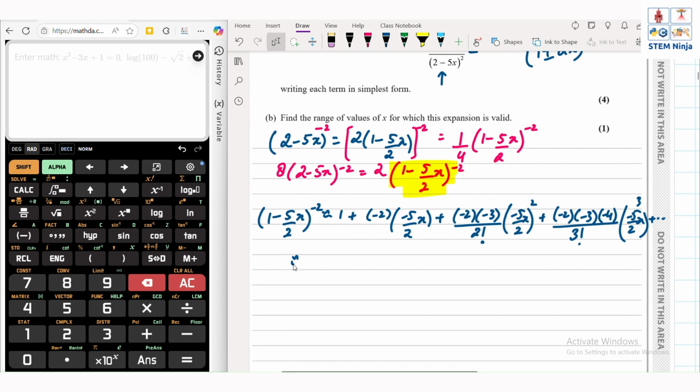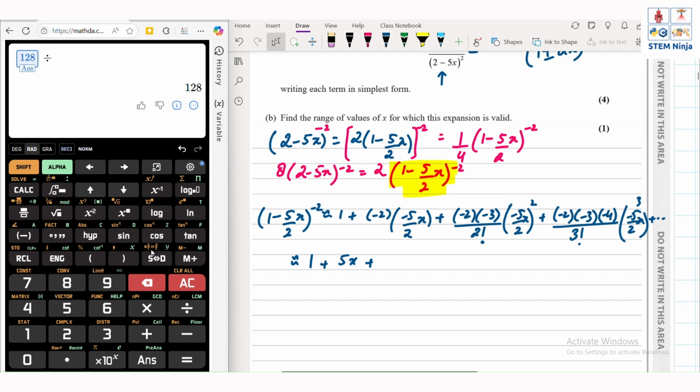So let's expand. So 1, the 2 and 2 cancel, and minus minus cancel. We are left with 5x plus 2 times 3 divided by 2 times 25 divided by 4.